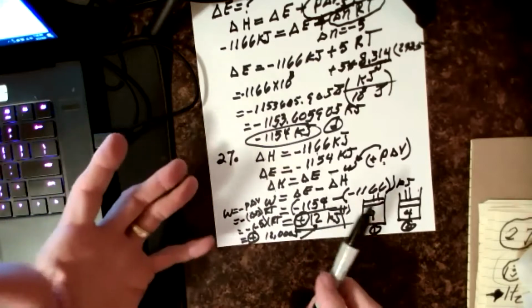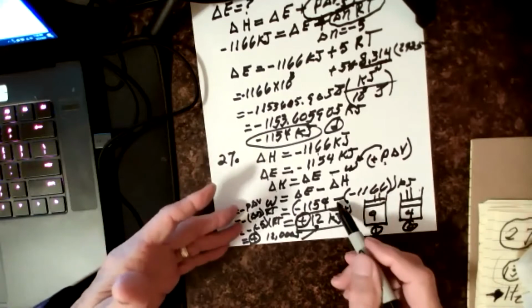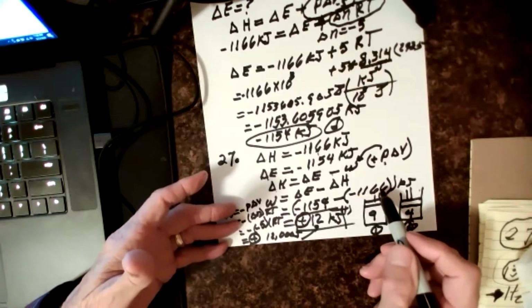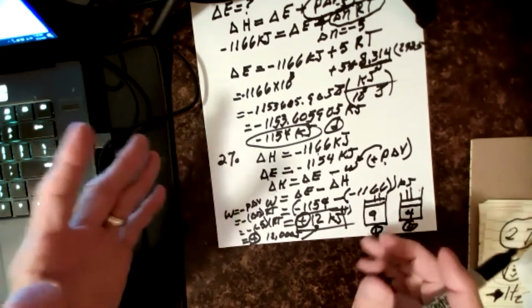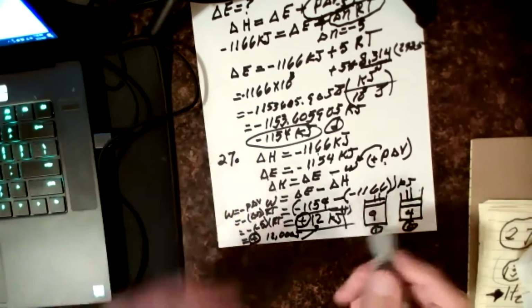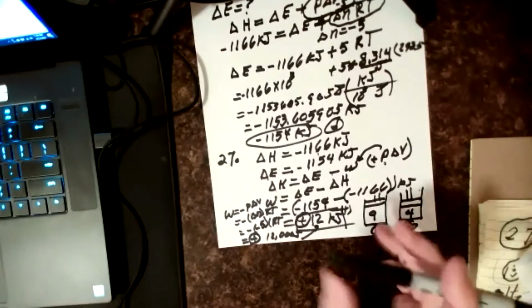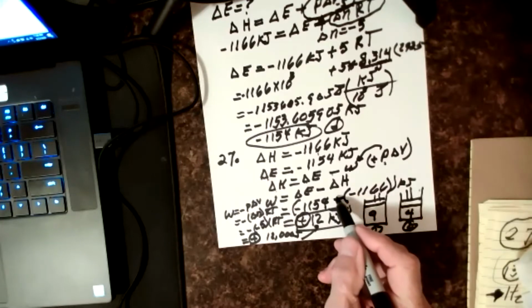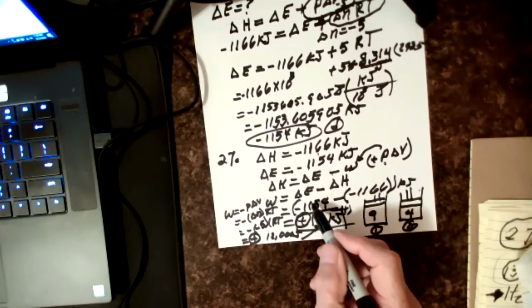But if you put in on your calculator minus 1154, subtraction minus, little minus 1166, you're still going to get the same answer. But I try to avoid minus a minus like the plague if I can, because I tend to screw that up. I mean, if you reverse these two, if you put the little minus here and the subtraction minus here, your calculator is going to go, oops, can't do that.